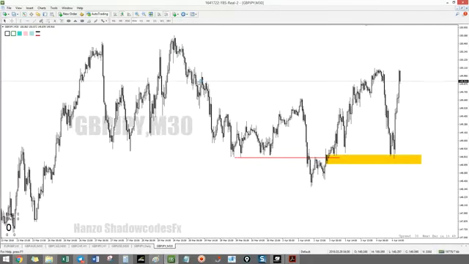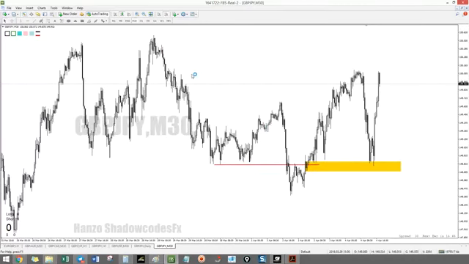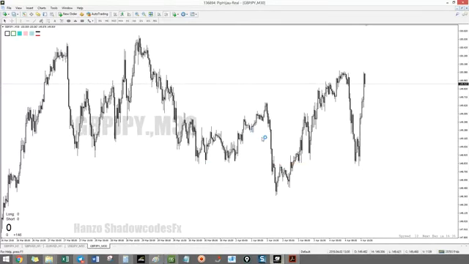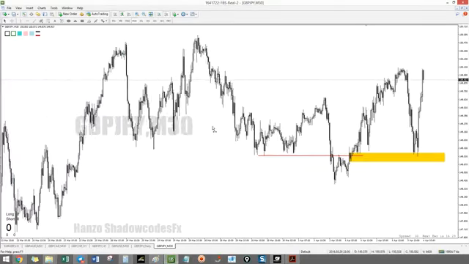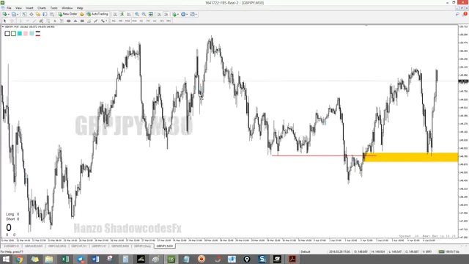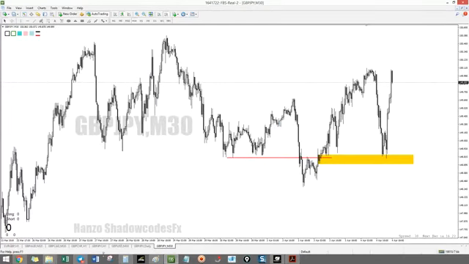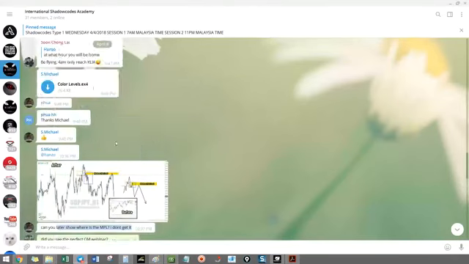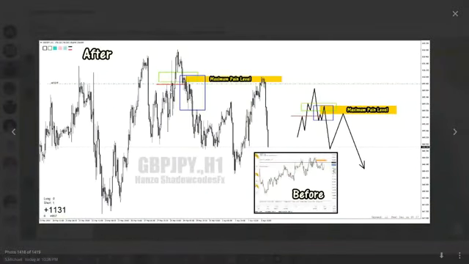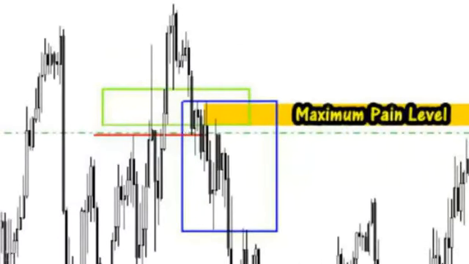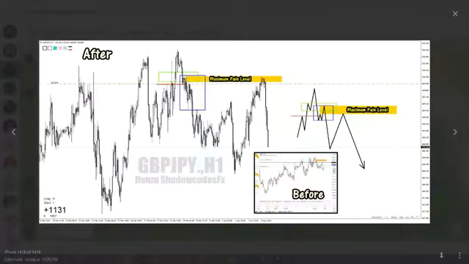Why is this one? Is this a fake candle? Hmm. What happened here? Look at this candle.